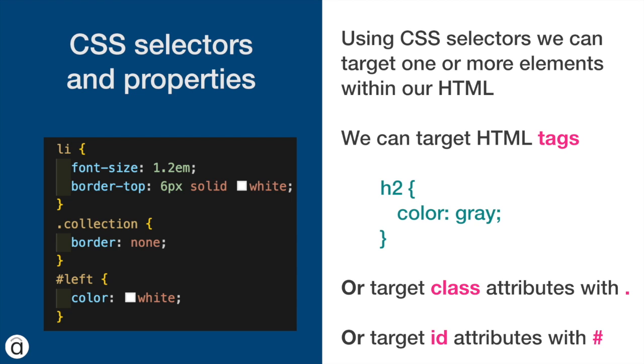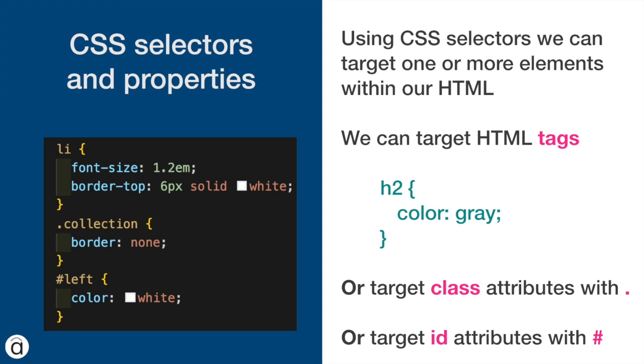Don't worry about things, it just looks relatively straightforward at the moment. What that li will do is target each list item on that page with the font size and the border top.